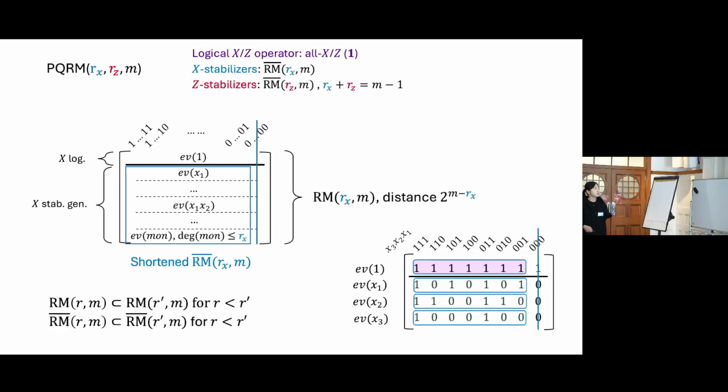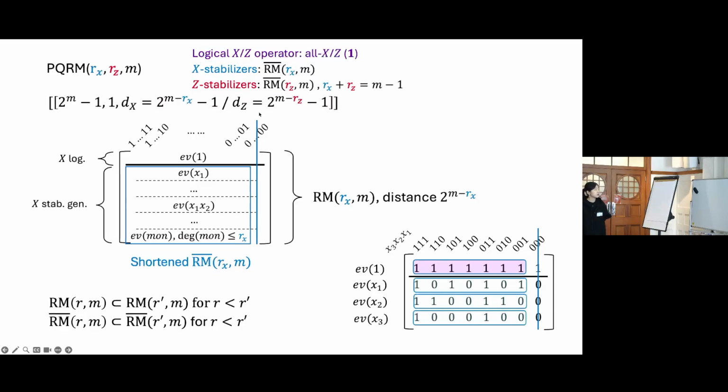This gives you a way to define this punctured quantum Reed-Muller code by imposing that the X and Z logical operators are all 1, the X stabilizer is this shortened RM code, and the Z stabilizer satisfies this so that they commute, because you will always lack 1 variable when multiplying them.